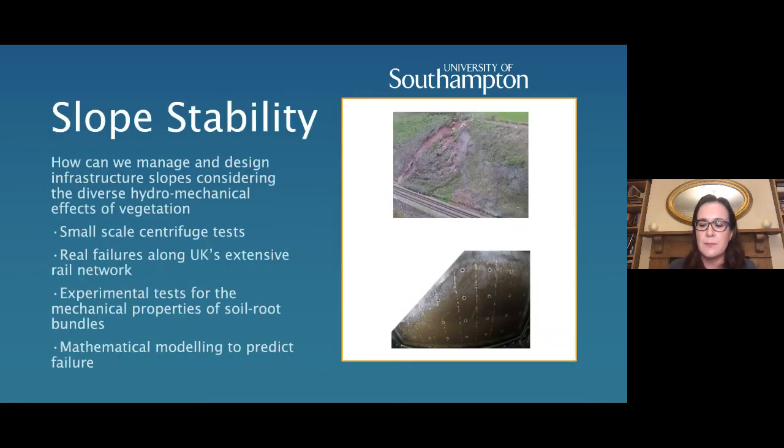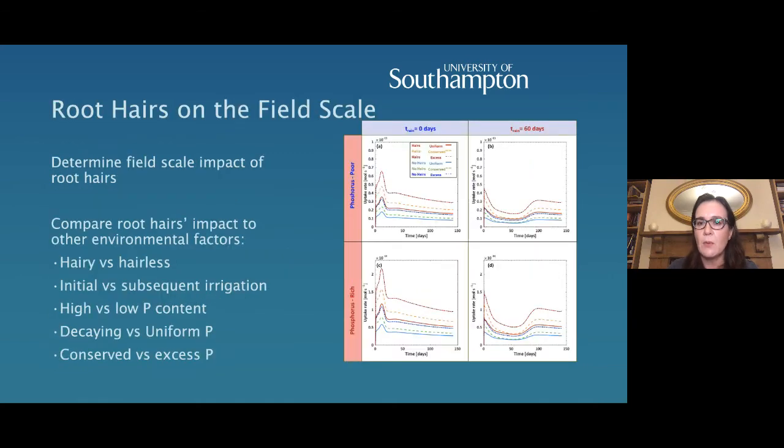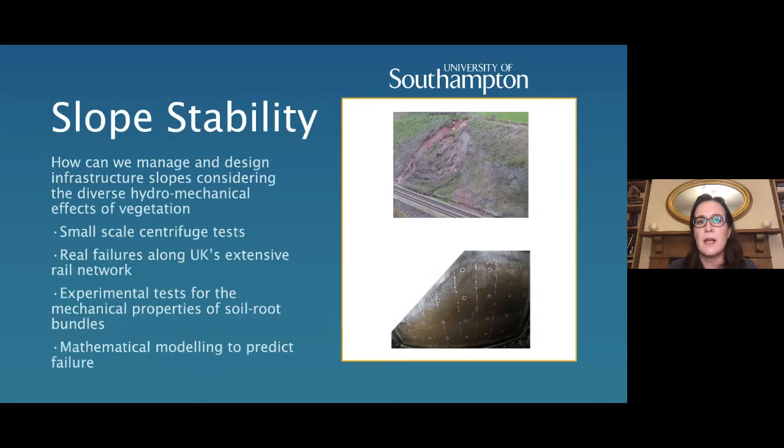But I want to now move on from these field trial results, which are still yet to come in, to explain also how we're using the same approach in modeling, for example, slope stability.